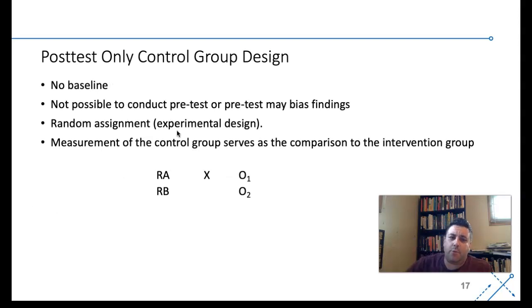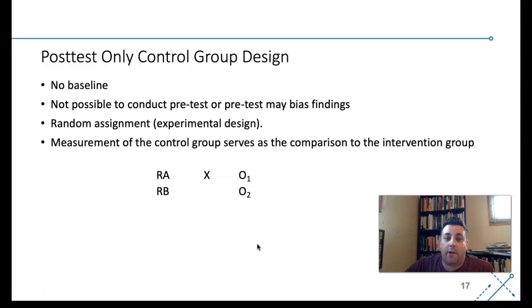So the post-test only control group design just eliminates that pre-test, and you're only observing people at post-test, and then what you do is you compare the group that got the intervention to the group that didn't. Why would you do a post-test only control group design? Well, sometimes the pre-test has the effect of causing a change in the variable.